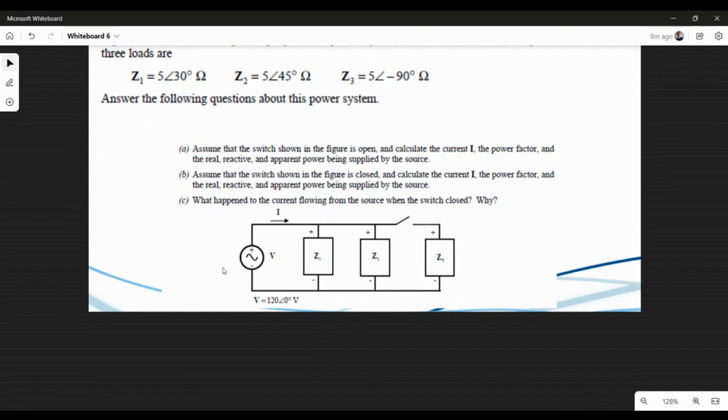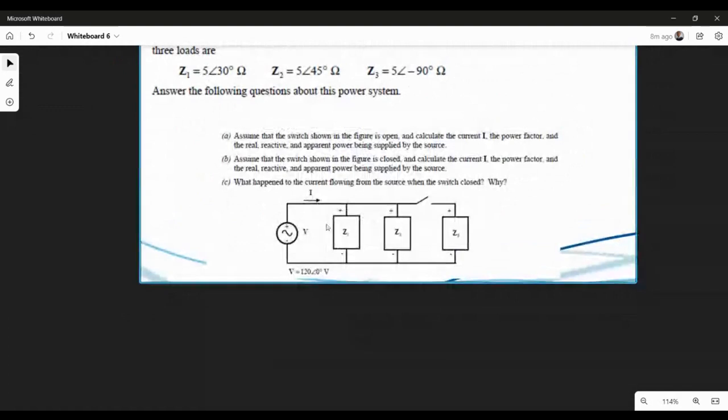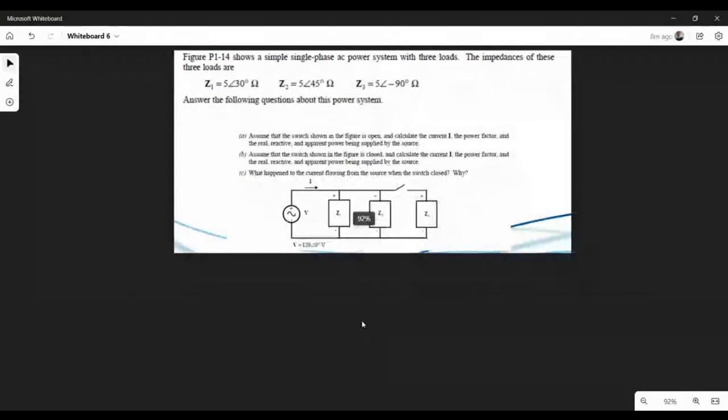Obviously, that means no current flowing through that. So all we have to do now is calculate the total current. This is a simple parallel system, and we've done something similar before. We can say I1 will be equal to 120 at an angle of 0, over the first one, which is 5 at 30 degrees.